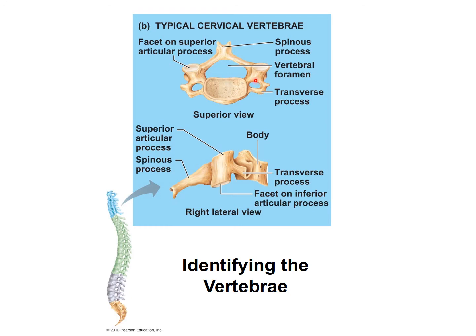These foramen here are the transverse foramen. Only cervical vertebrae have them. Neither thoracic nor lumbar vertebrae have them. They allow blood vessels to pass up the neck. So if you are asked, what type of vertebrae is this, and you see these transverse foramen, you know 100% you're looking at cervical vertebrae.